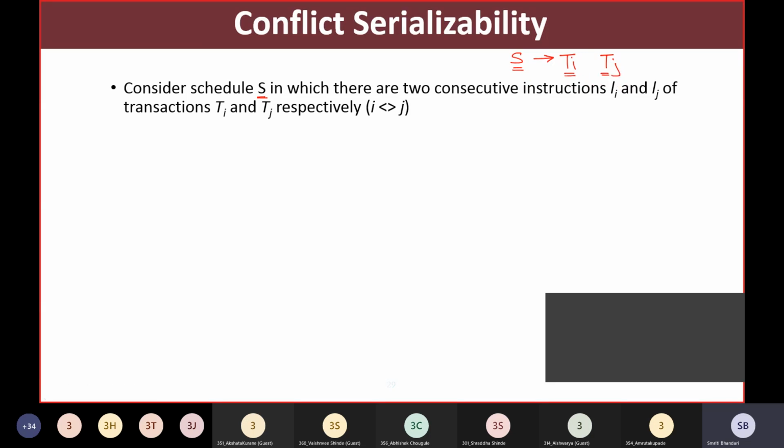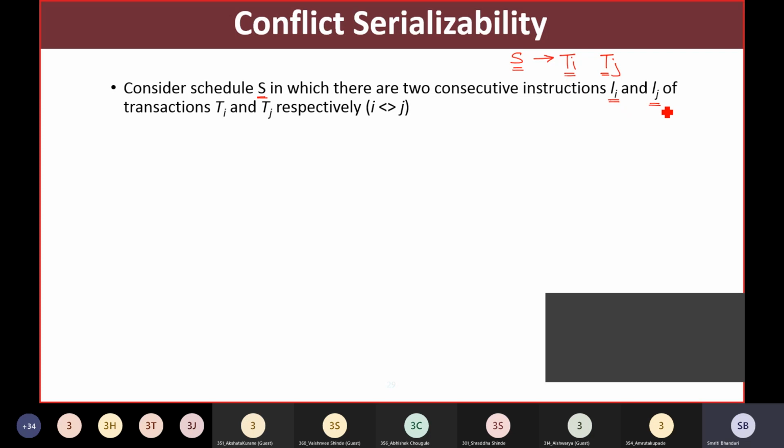Now, let us assume that we have two consecutive instructions in our schedule S, and these two consecutive instructions belong to two different transactions, TI and TJ.